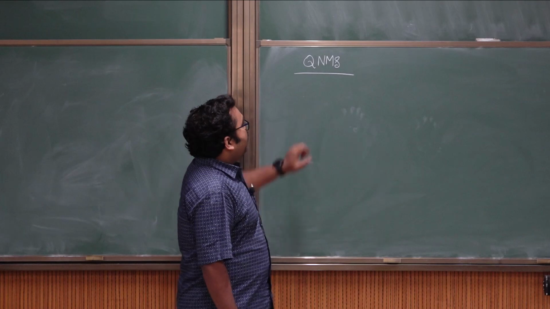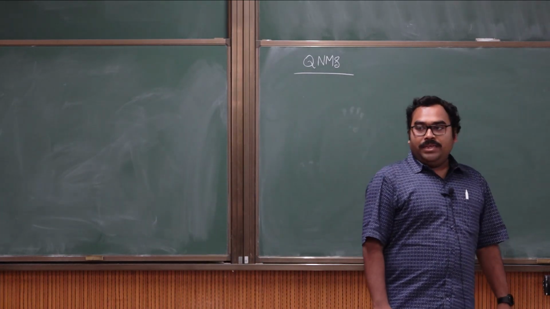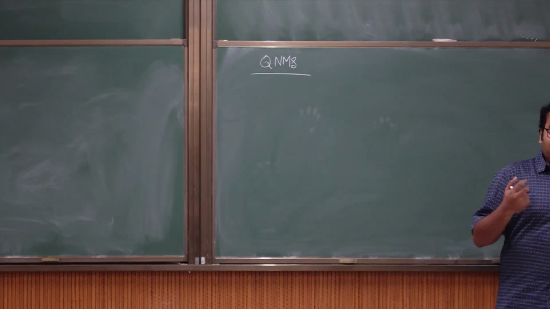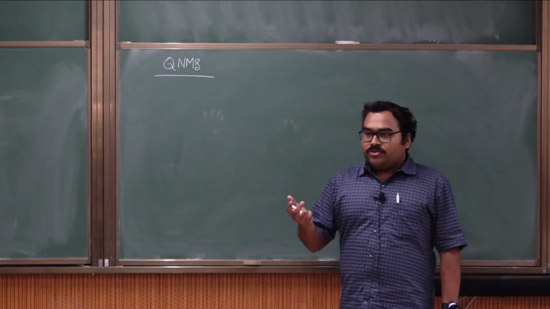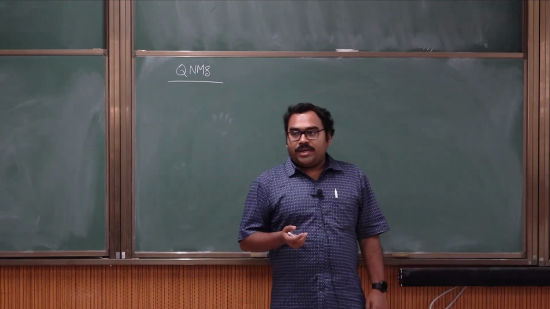Now, before I go to the QNM, normal mode is something that is very familiar, I guess, to most of you. If you have a string and you perturb it slightly, it vibrates with its characteristic frequencies. And this is true for any system. Like, you must have done small oscillations in your classical mechanics course.